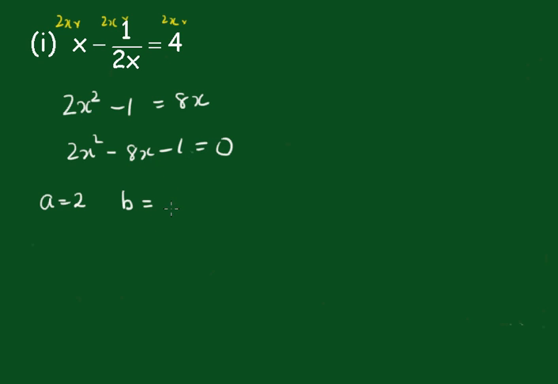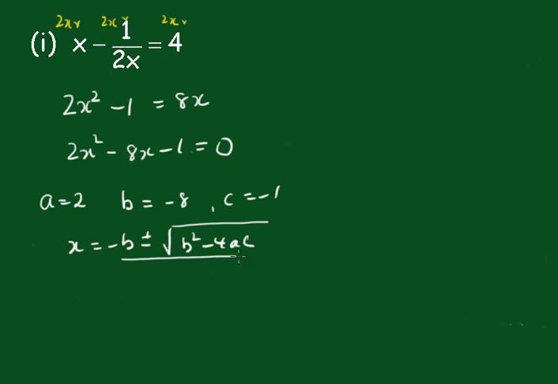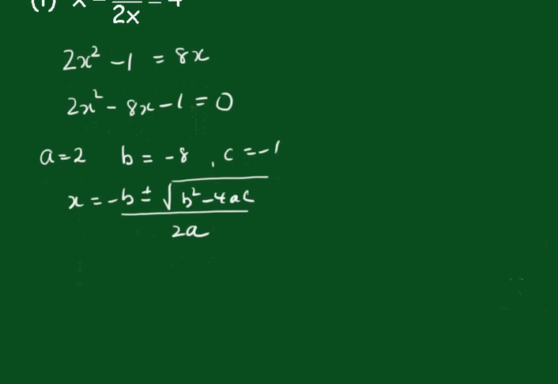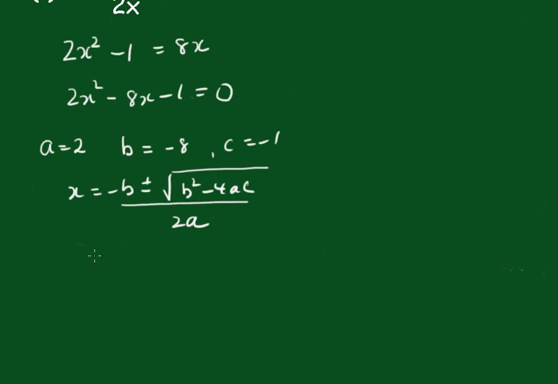a equals 2, b equals minus 8, and c equals negative 1. Formula: x equals minus b plus or minus square root of b squared minus 4ac all over 2a. Good idea to say it when you're doing it, to remember it.